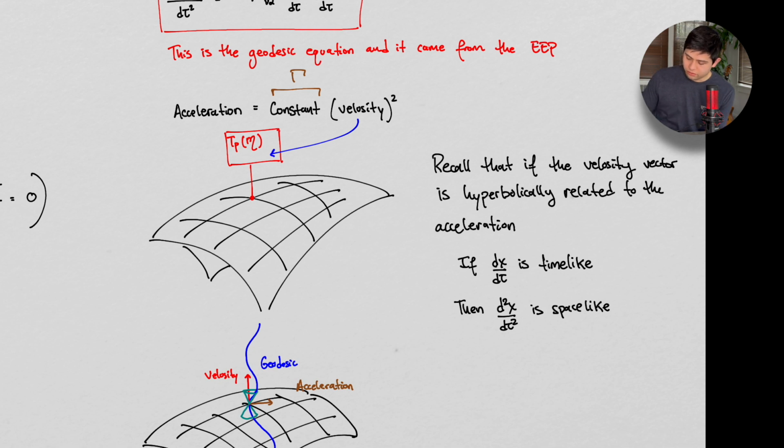And recall that if the velocity vector is hyperbolically related to the acceleration, this is given to us by special relativity. We talked about this in our first video.